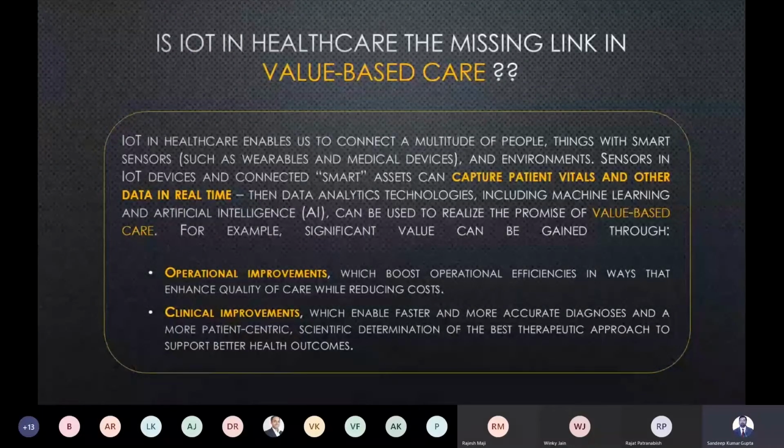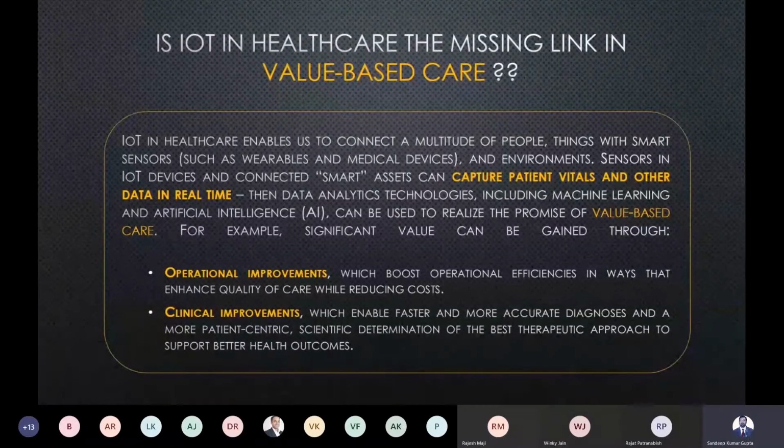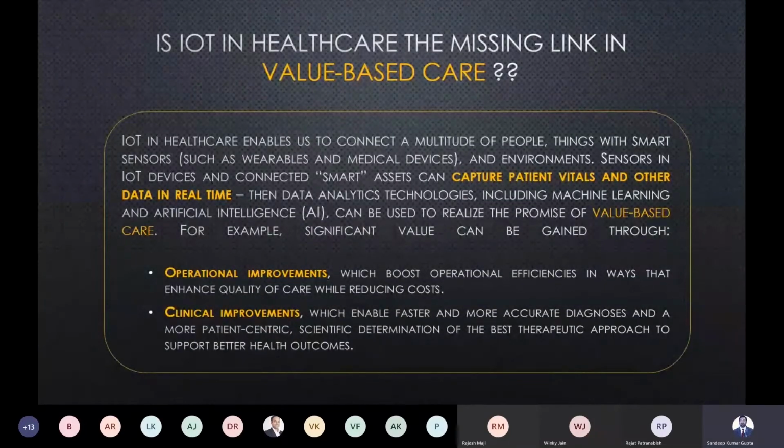So that's the utility of this, to capture data in real time, right? So that you can take timely action and save cost and lives. Then data analytics technologies, including machine learning and AI, can be used to realize the promise of value-based care. We can drive value out of this analytics only when we have the support of this physical infrastructure, right?